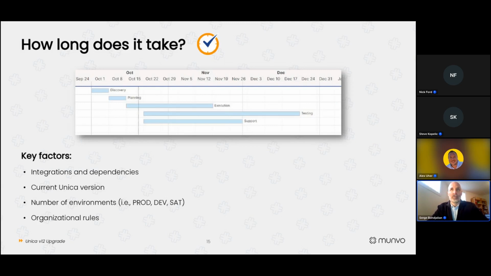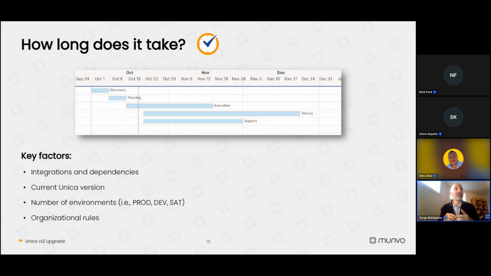Now, $1,000,000 question, how long does it take? An easy answer is it depends. So it depends on a lot of other things. As Nick mentioned before, the process can be, at its core, very easy. The reality is, in most enterprise environments, there are multiple considerations.